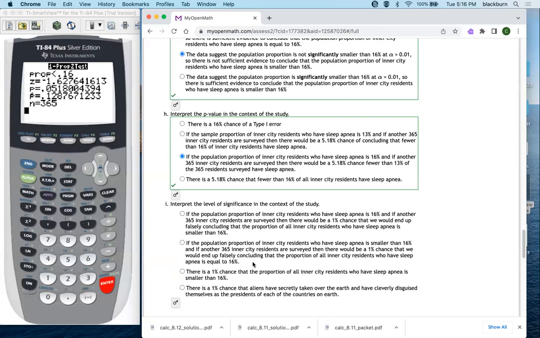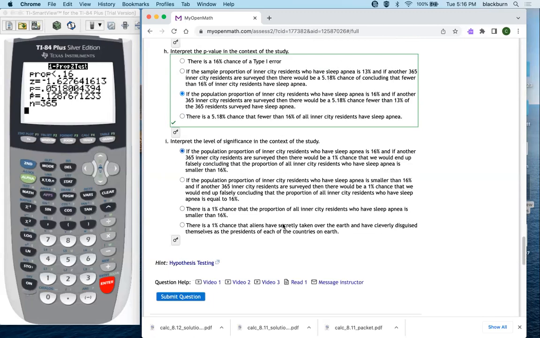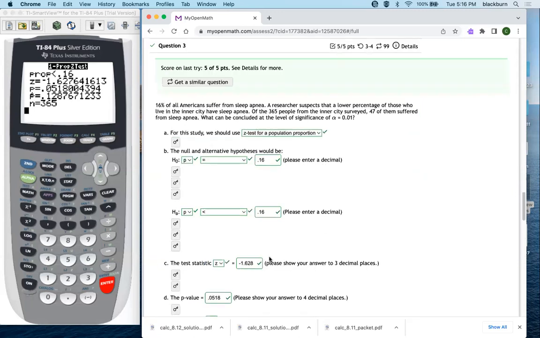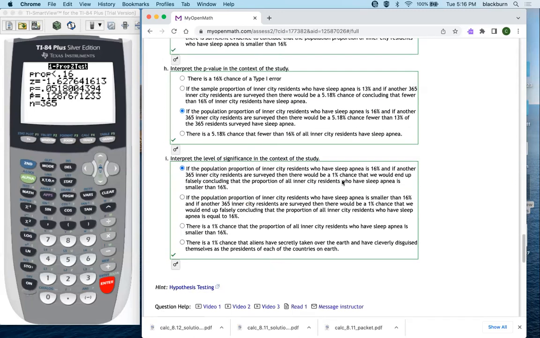Second dot, if the population proportion of inner city residents who have sleep apnea is smaller than 16%, there would be a 1% chance we would end up falsely concluding that the proportion is equal to 16%. Gotta be that one. So 1% chance that you're going to collect data that ends up having you falsely conclude that the proportion is smaller than 16. All right, so that's how to do these problems.